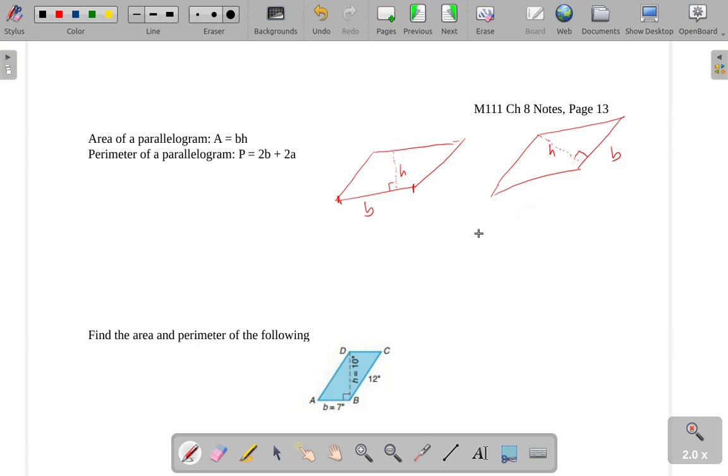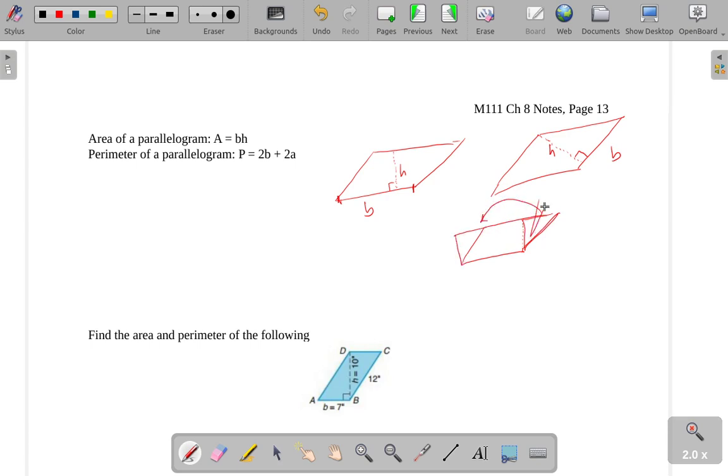Now, the reasoning for this, I'll get into a little bit. Let's think of if we had this parallelogram, and we know the area of a rectangle. If only I could cut this little bit off and move it over here, take that bit and move it over here.